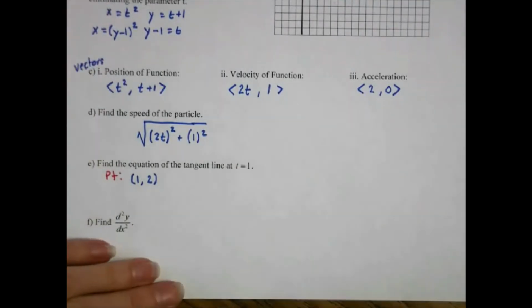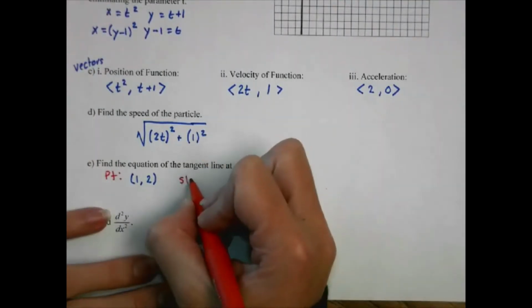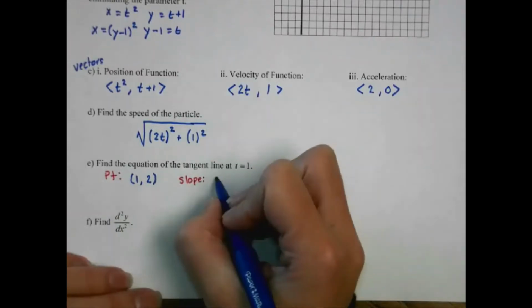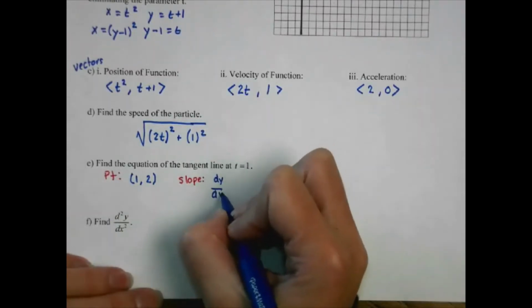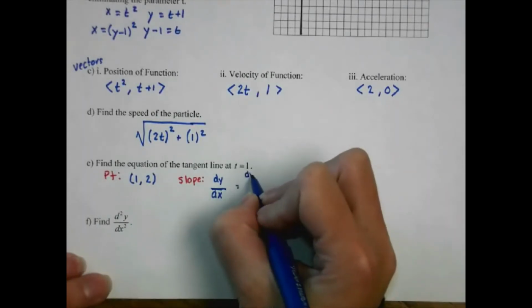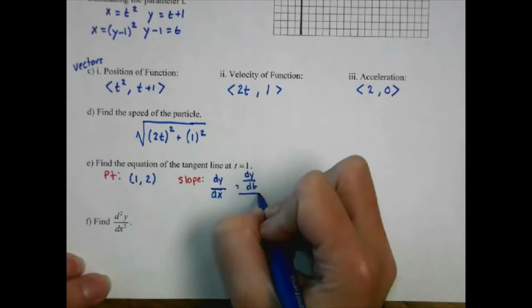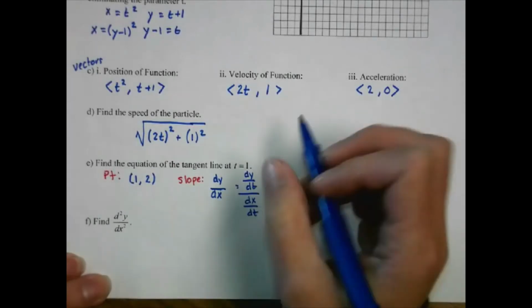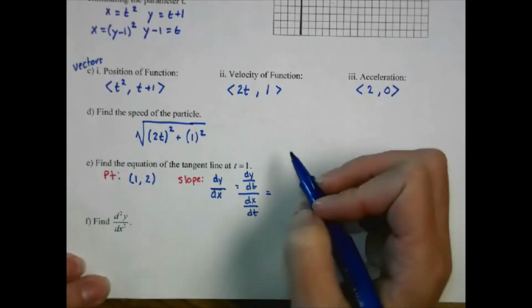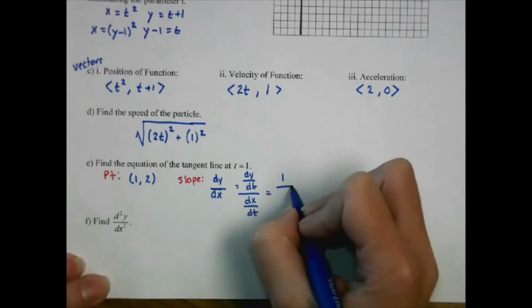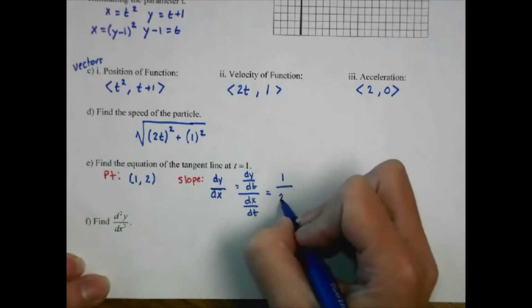The slope is always dy/dx. Now this can come in different ways. For parametric, that's dy/dt over dx/dt. So my derivative of y was 1, and my derivative of x was 2t.